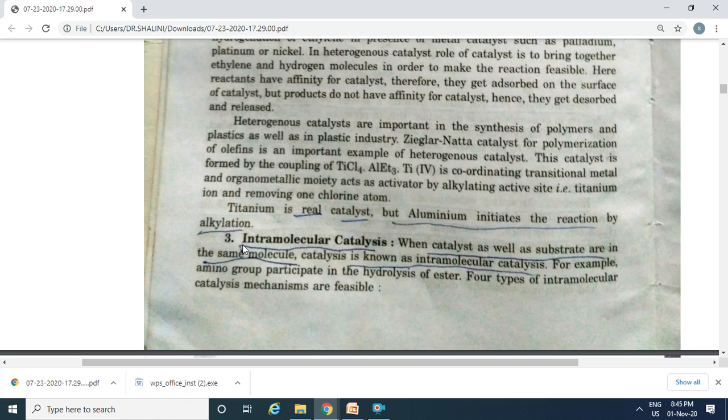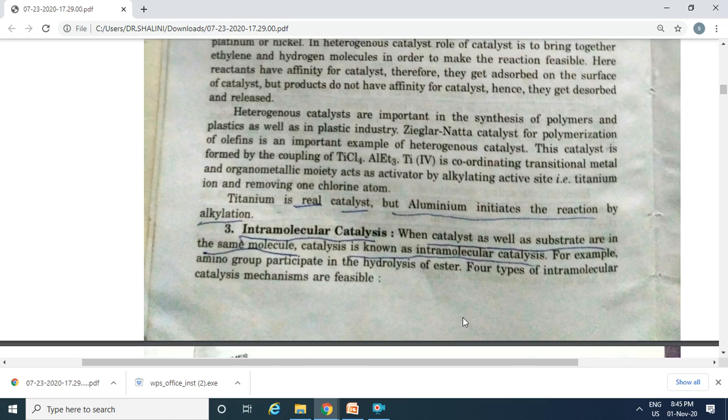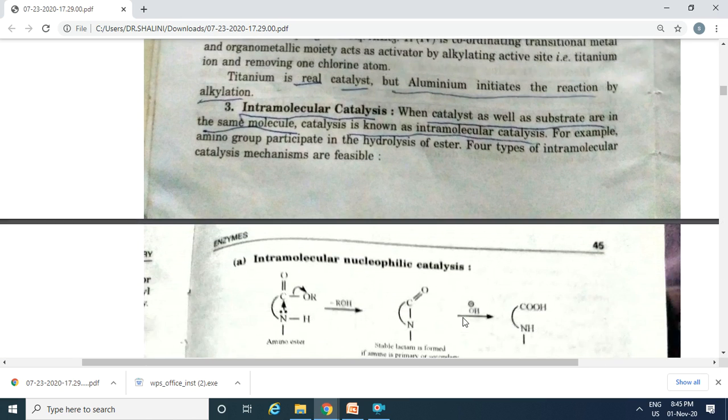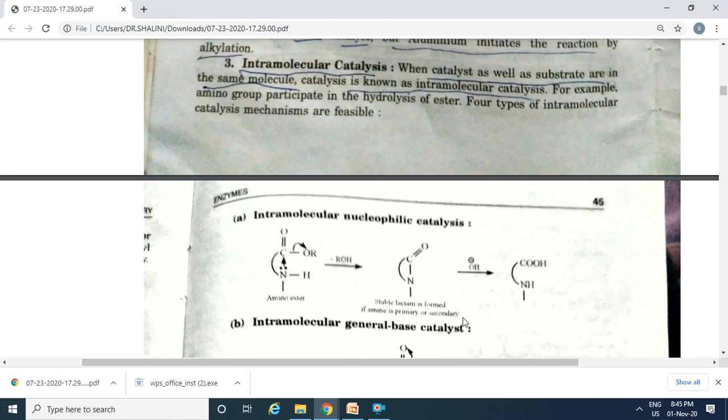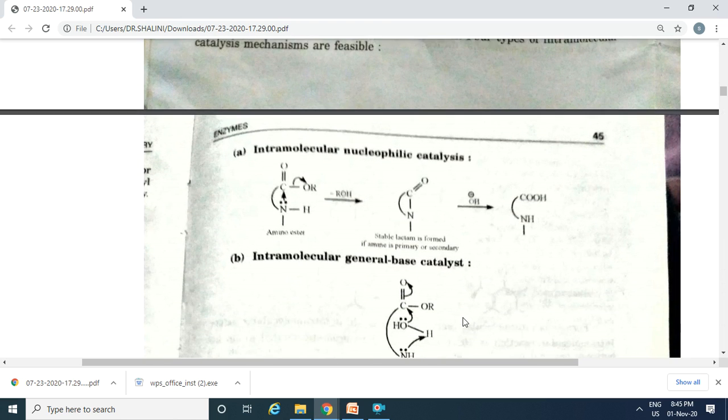Now the third type of catalysis is intramolecular catalysis. When the catalyst as well as the substrate are in the same molecule, the catalysis is known as intramolecular catalysis. For example, an amino group participates in the hydrolysis of ester, and four types of intramolecular catalysis mechanisms are feasible.